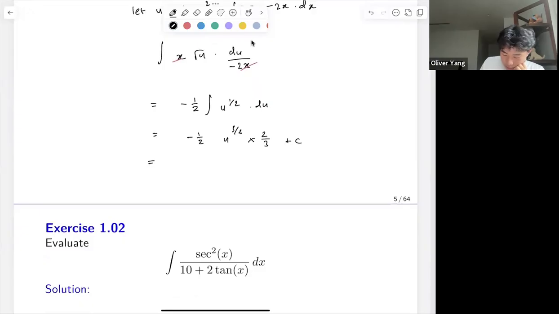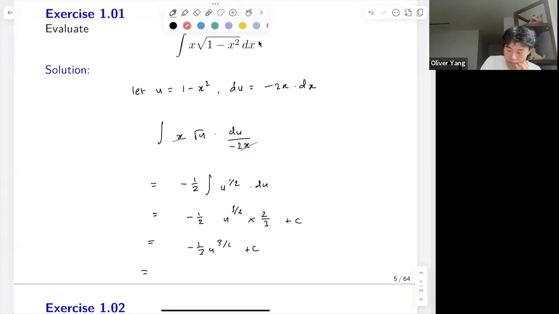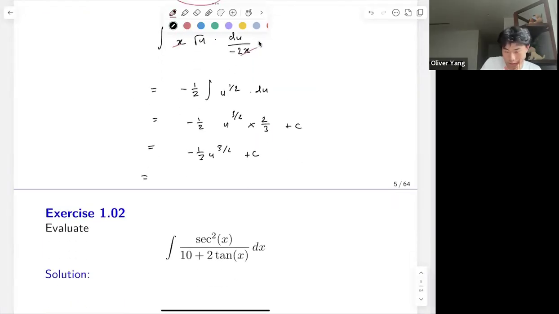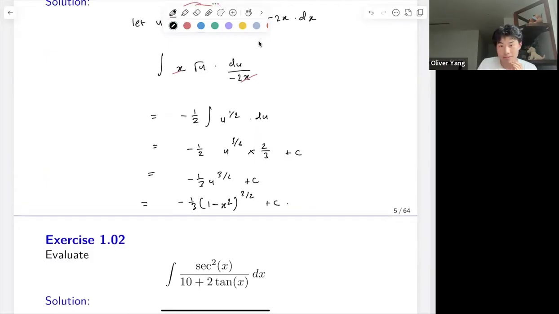So you'll get negative 1 on 3 u to the 3 on 2 plus c. And then you just resubstitute what u is, which at the start we defined as 1 minus x squared. So we're just going to do 1 over 3, (1 minus x squared) to the power of 3 on 2, plus c. All right, does that make sense?